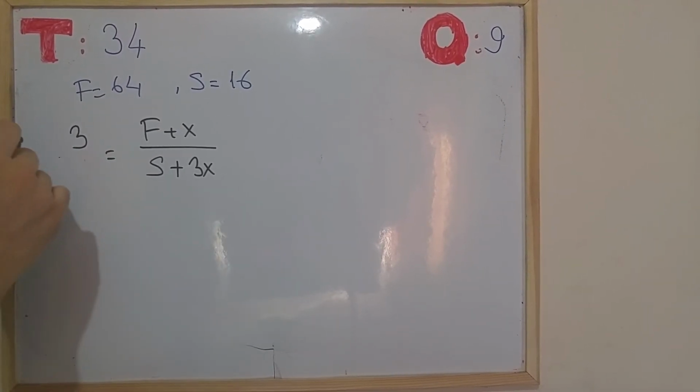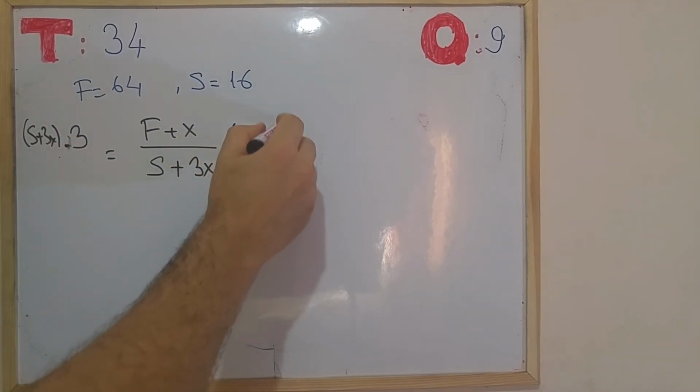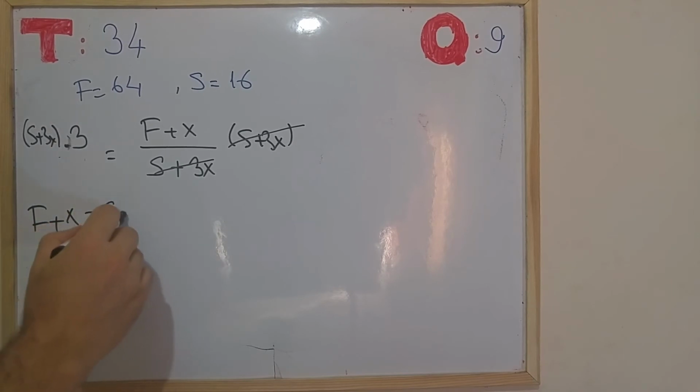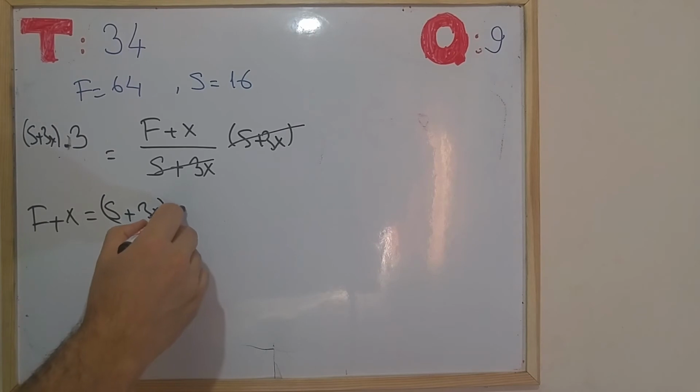Let's get rid of s plus 3x here by multiplying each side by s plus 3x. So what I'm going to have is f plus x is equal to s plus 3x times 3.